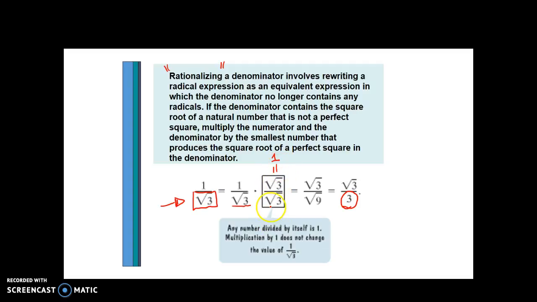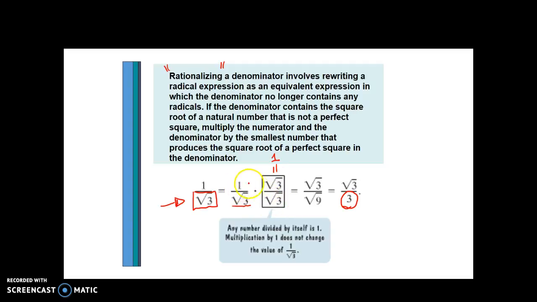Jordan divided by Jordan equals 1, right? Anything divided by itself equals 1. So when I multiply this expression by 1, I'm not really changing the value of the expression. It's still correct. I'm just writing it in a way that is rational. So whatever the denominator is, if it's an irrational number, multiply it by itself over itself as a fraction.